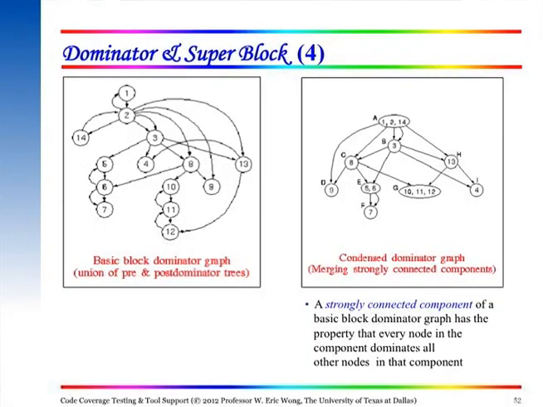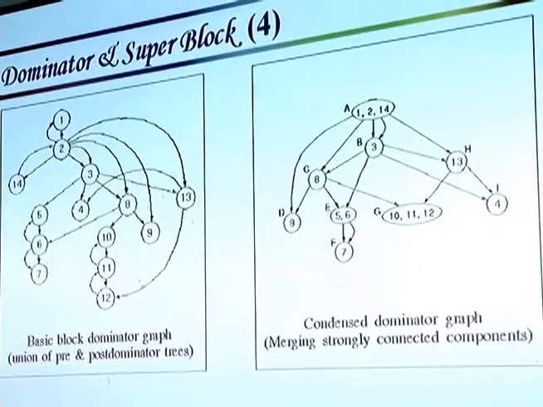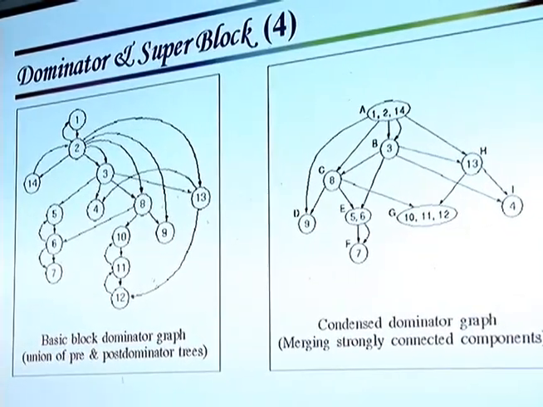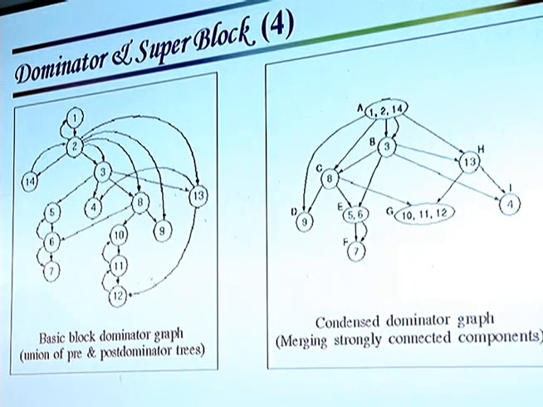Let's hold this question for a few more seconds, and then we'll explain why we have to consider both. The computer will do this; you don't have to do it manually. So let's put that question aside for the time being. When you have predominant and post-dominant merged together, and then you remove those redundant edges, you put them in the same node.